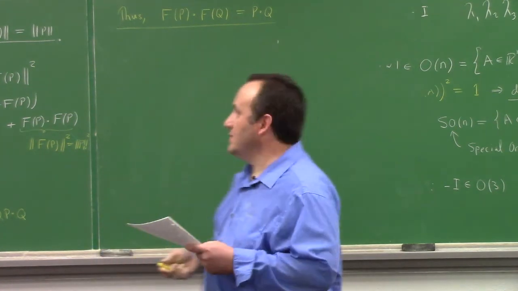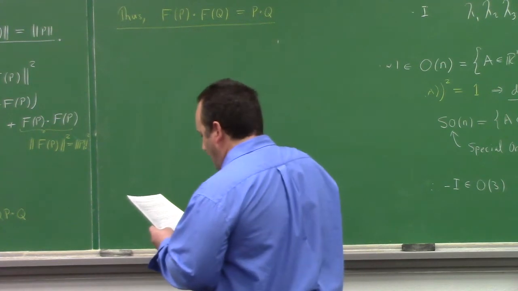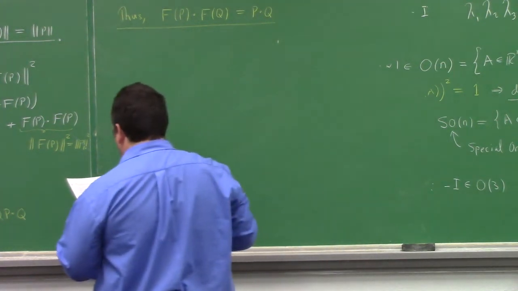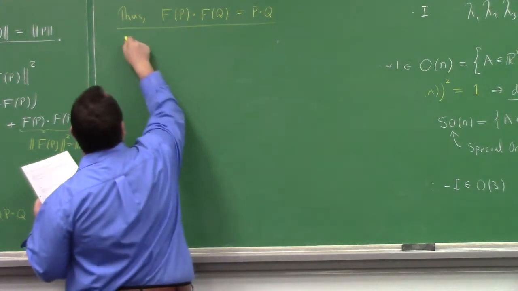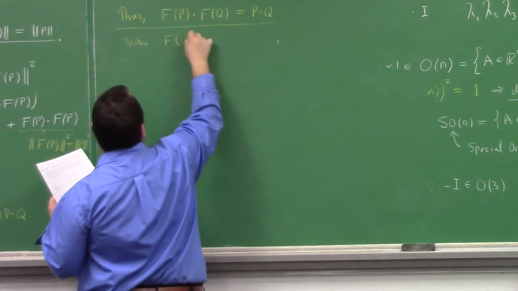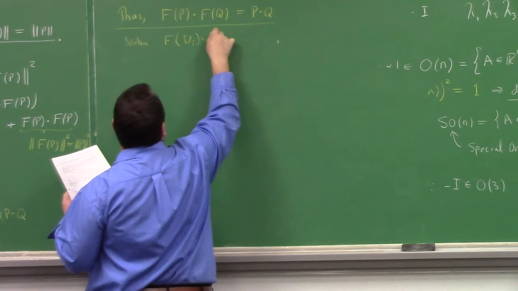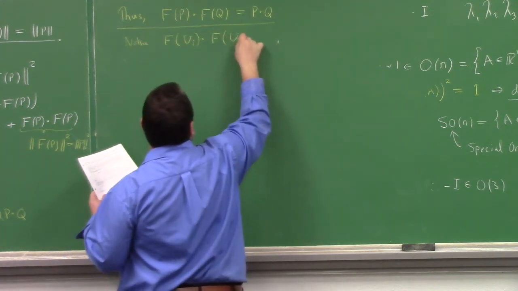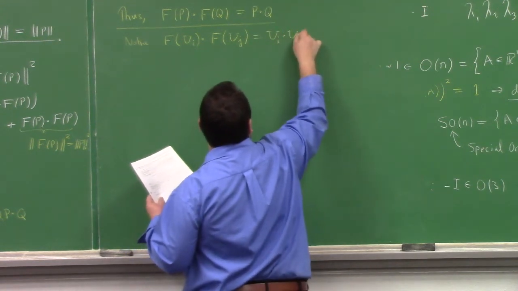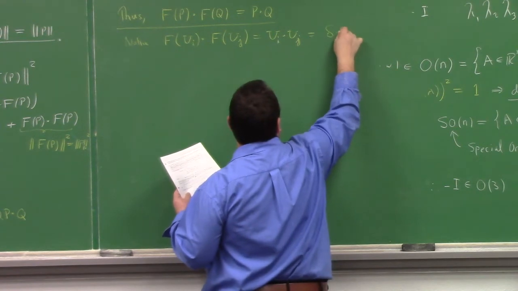All right. So here we go. Notice f of, let's say, ui dot f of uj is ui dot uj, which is Kronecker delta ij, right?